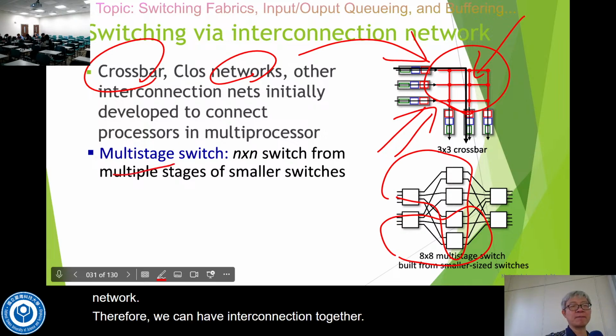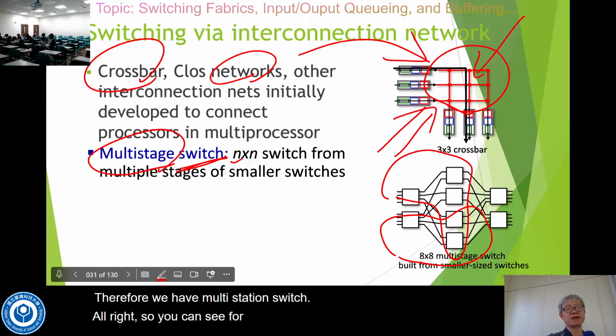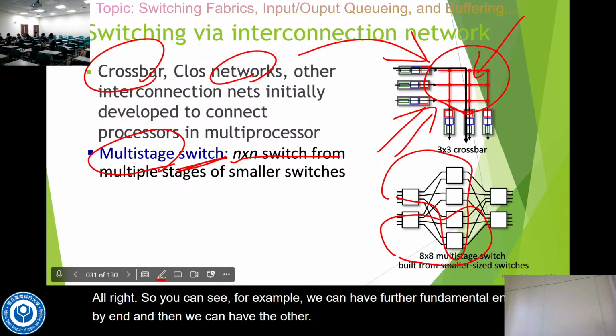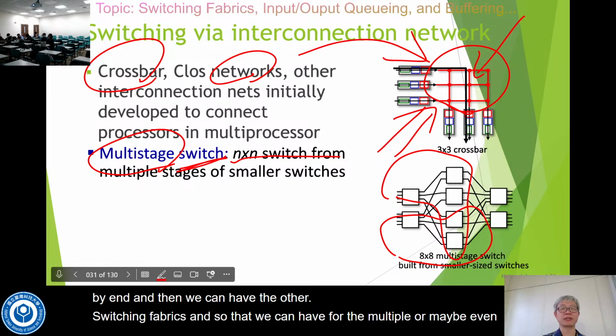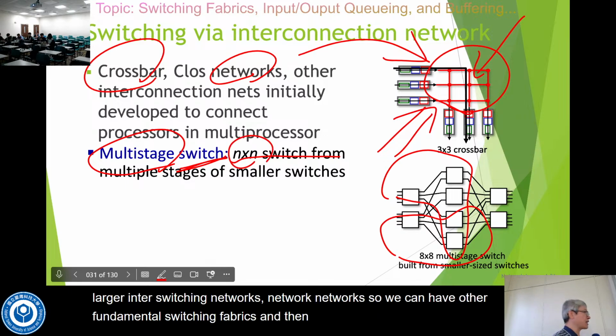Therefore, we have a multi-stage switch. So you can see, for example, we can have the fundamental N by N, and then we can have the other switching fabrics, so that we can have multiple or maybe even larger inter-switching networks. So we can have the fundamental switching fabrics, and then we can have the others.